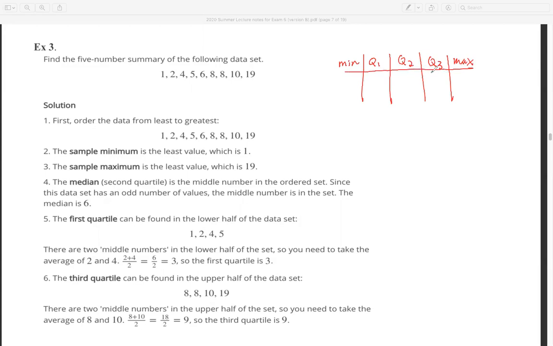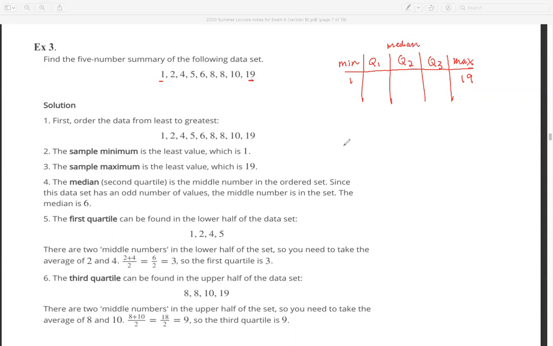So the min and max are really easy to find. The minimum is just your smallest number, or the lowest number. And again, this has to be in numerical order, smallest to largest, and then your largest number is your max. So we're going to go ahead and find the median here, which is your Q2.